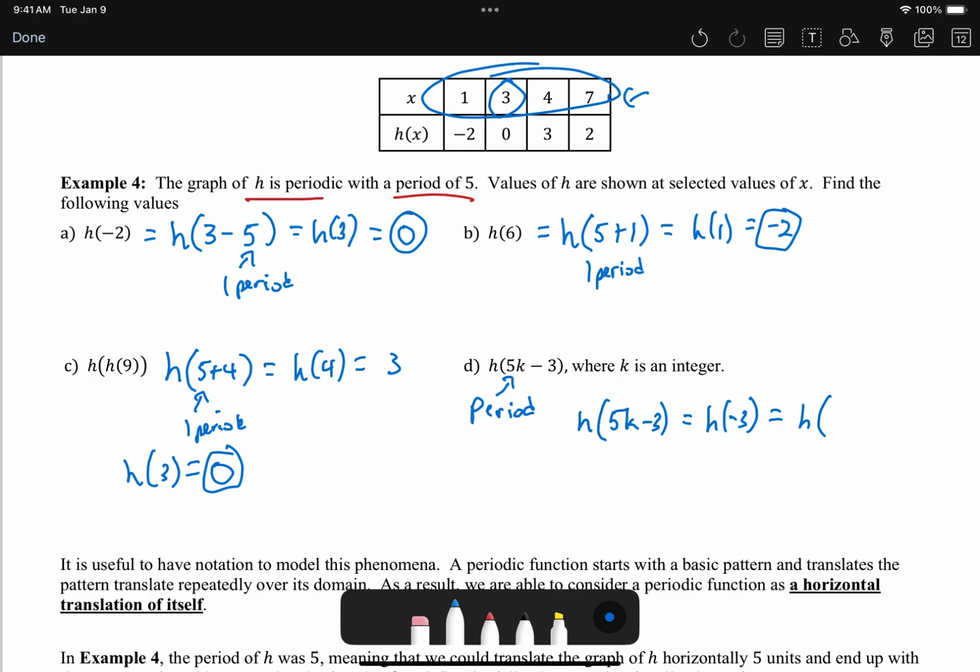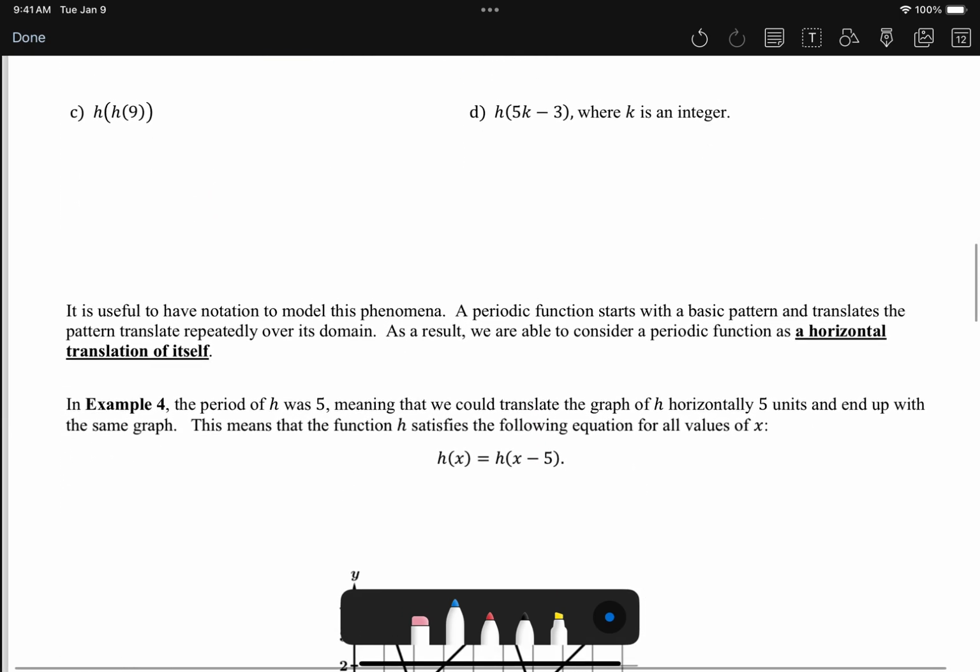Let's see, what else could we use? 7 minus 10, and 10 is 5 times 2, right? So 2 periods right here. So we could do h of 7. There we go. And h of 7 is 2. So h of 5k minus 3 is always 2, no matter what number I use for k, because it's periodic.